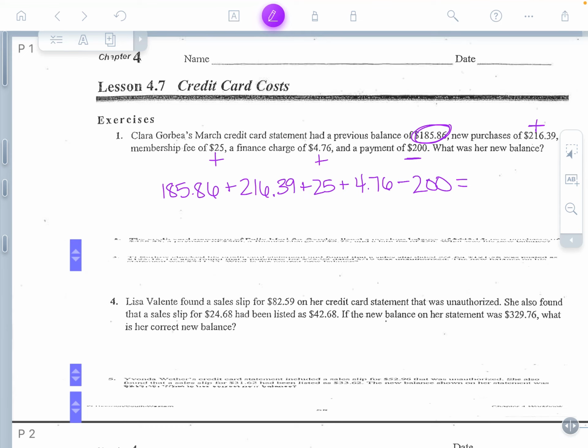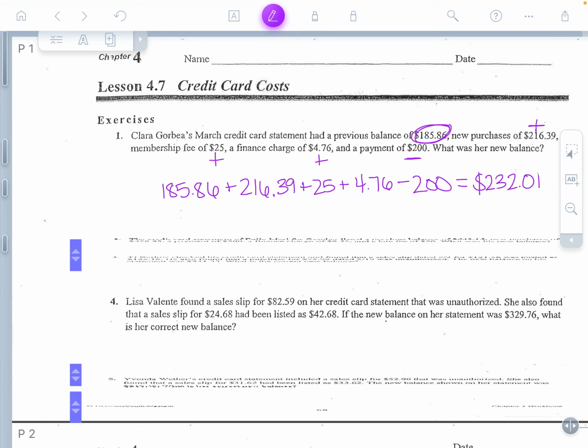All right, 185.86 plus 216.39 plus 25 plus 4.76 minus 200. And I get 232.01.